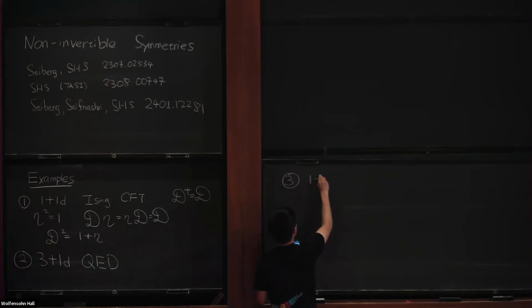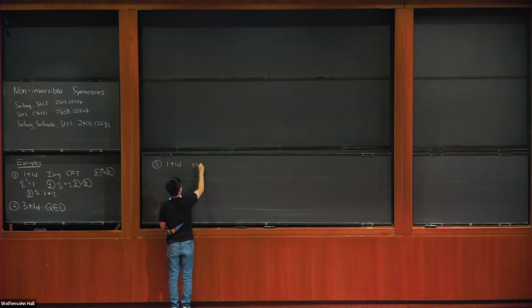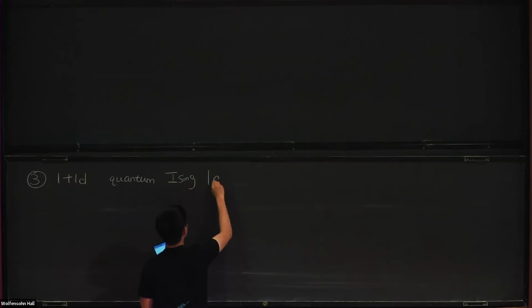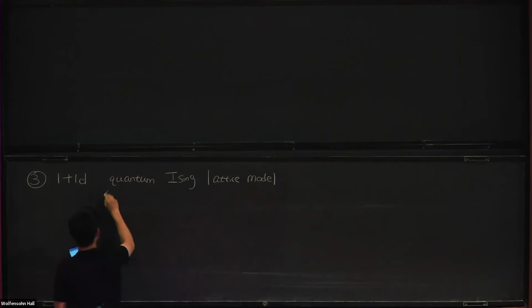That is the 1+1D quantum Ising lattice model. By quantum, I just mean it's a Hamiltonian lattice model.